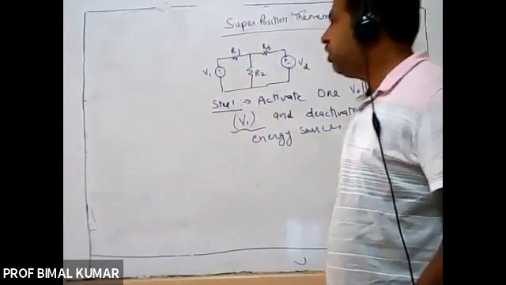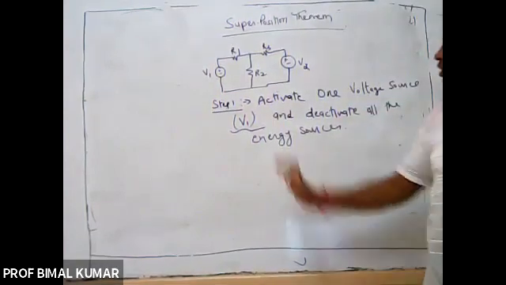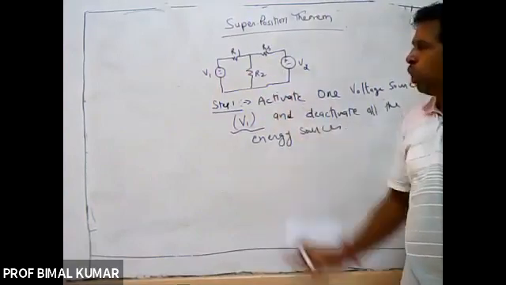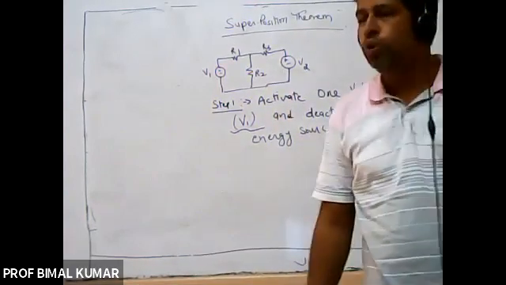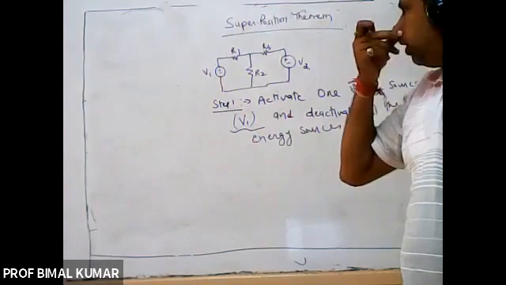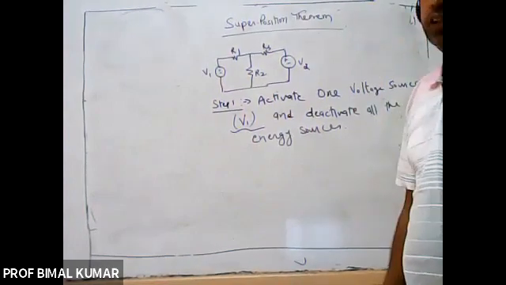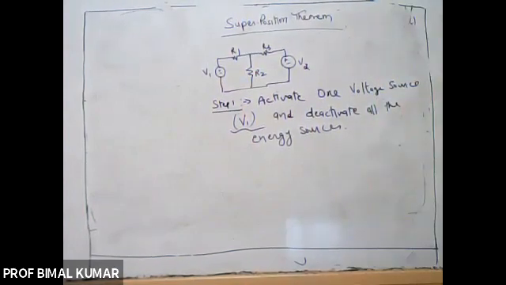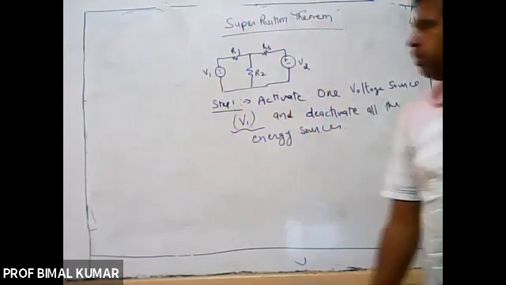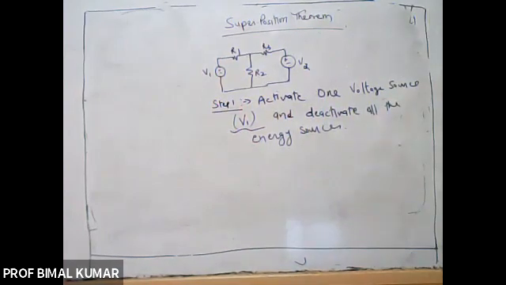Or it may be that some particular load resistance will be given to you, R1, R2 or R3, that will be the load resistance, and we will have to apply superposition theorem to calculate the current in that particular resistance. But here, for your better understanding, I am just calculating the current in all the resistances.